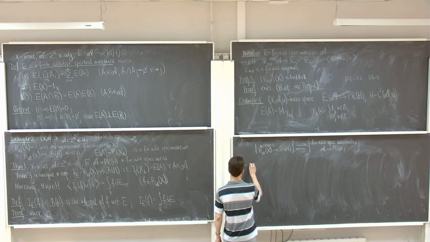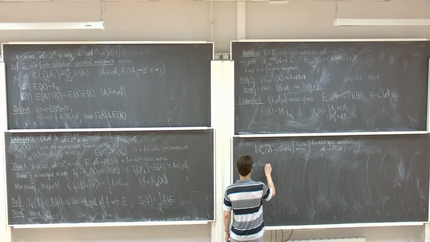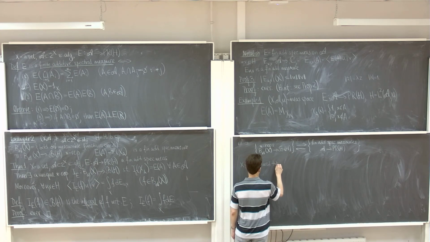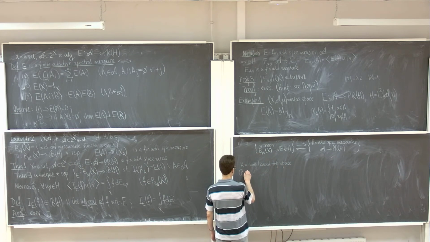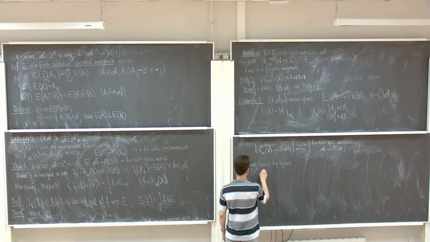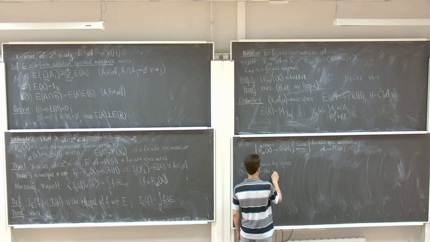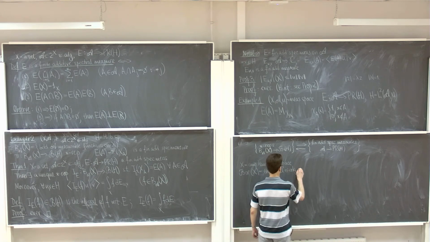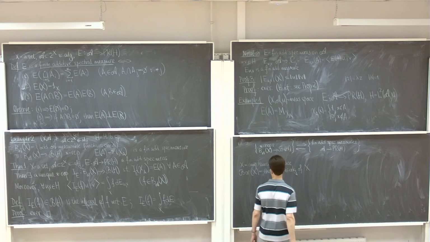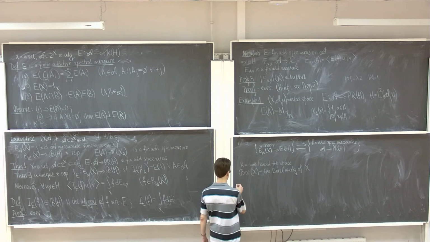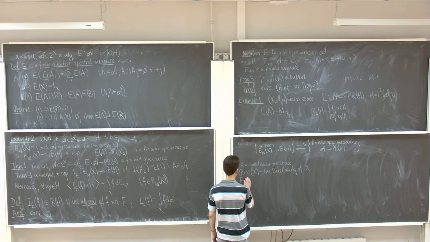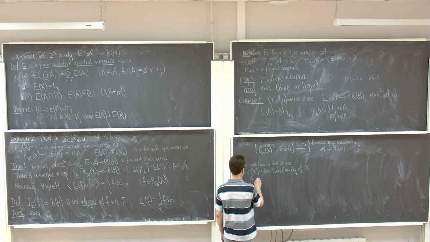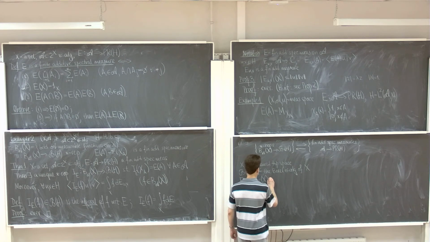So suppose now that X is a compact Hausdorff topological space. And as usual, our sigma algebra will be the Borel sigma algebra of X. And suppose that we have a finitely additive spectral measure on the Borel sigma algebra.